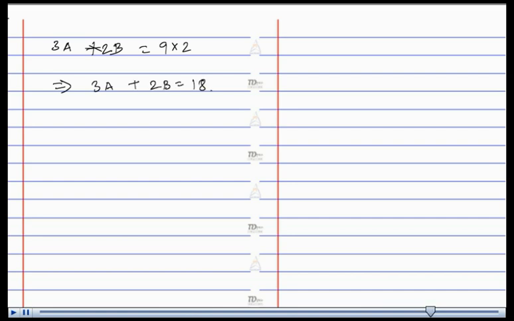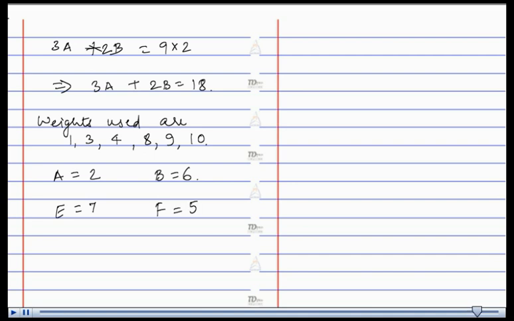Weights that have been used now are 1, 3, 4, 8, 9 and 10. The only possible solution of this equation is A is equal to 2 and B is equal to 6. The other two weights can easily be found as E is equal to 7 and F is equal to 5. Therefore, answer from the option is option number 3. Thank you.